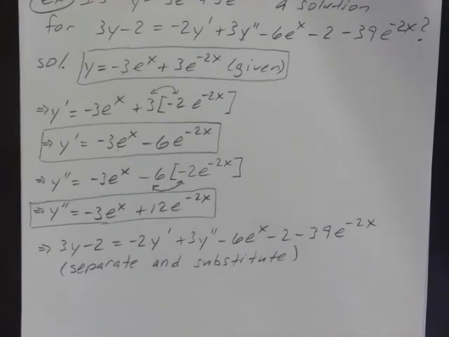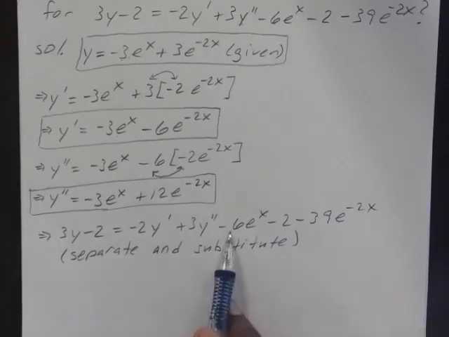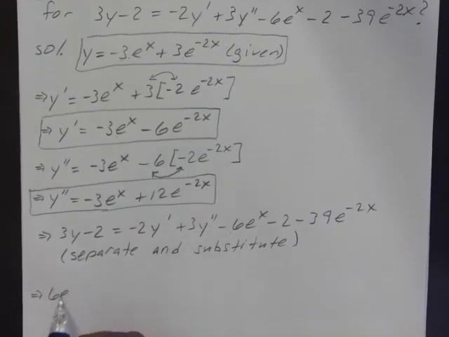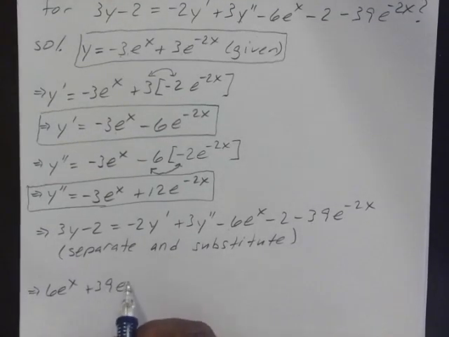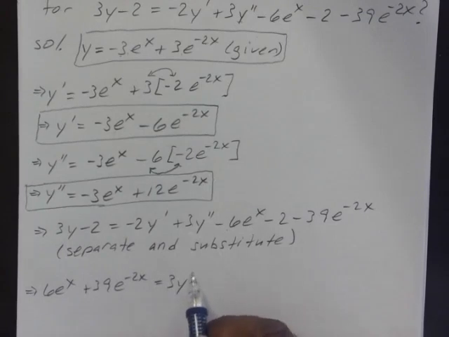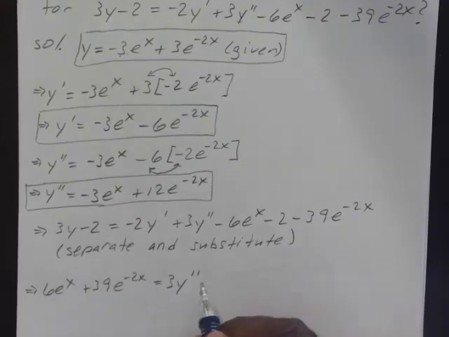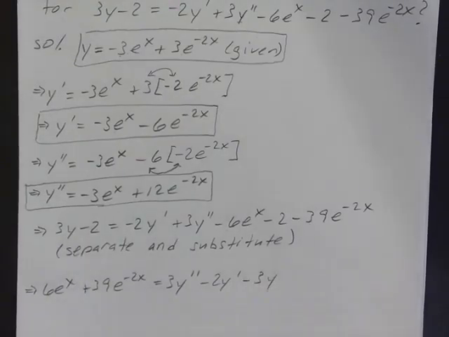Okay, so just get all of our y terms to one side, all of our x terms to the other. So if we add 6e to the power of x to both sides and add 39e to the power of negative 2x to both sides, that gives us 3y double prime, or 3y to the second derivative, minus 2y prime, since we already have that over there, and subtract 3y from both sides, minus 3y.